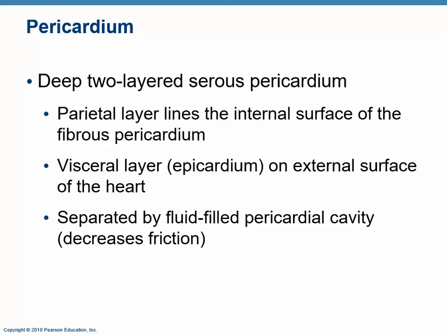So the layer that's lining the cavity is always called the parietal layer. The layer on the organ is always called the visceral layer. So around the lungs, we're going to have the parietal pleura attached to the backside of the ribs, and the visceral pleura, which is attached to the lungs.